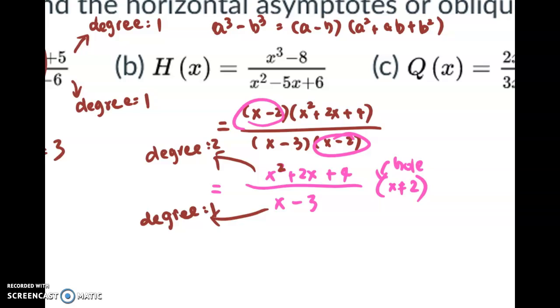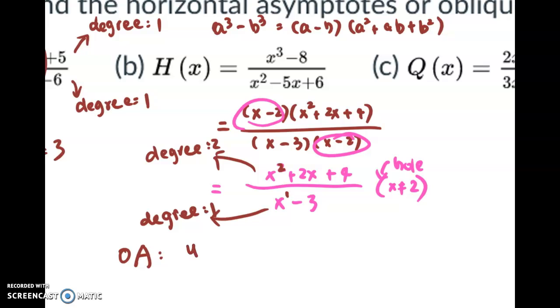Because the highest x term on the top is of degree 2 and of the bottom is 1. Since the degree on top is 1 more than the degree of the bottom, that means we will have an oblique asymptote. How do we find the equation of the oblique asymptote?